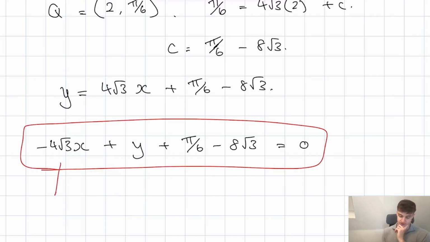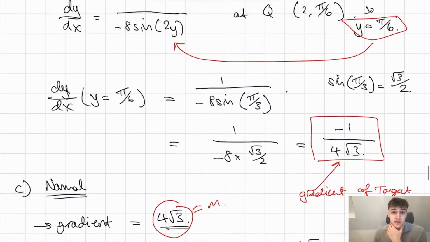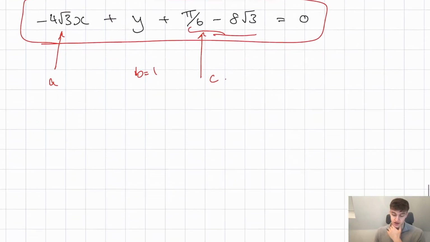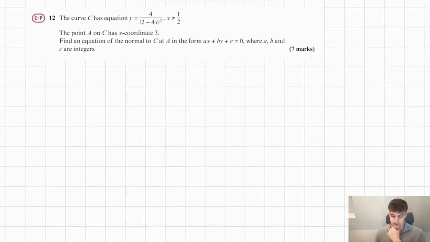And that is our answer. So this is A, B is 1, and then this whole thing is C. Okay, so multiple parts to that, but all of the individual components are very straightforward. They're just what we've been doing in all of the other chapters so far. This section, sorry. Okay, question 10 finished. So that was 9 marks. So it's certainly doable in a good amount of time.